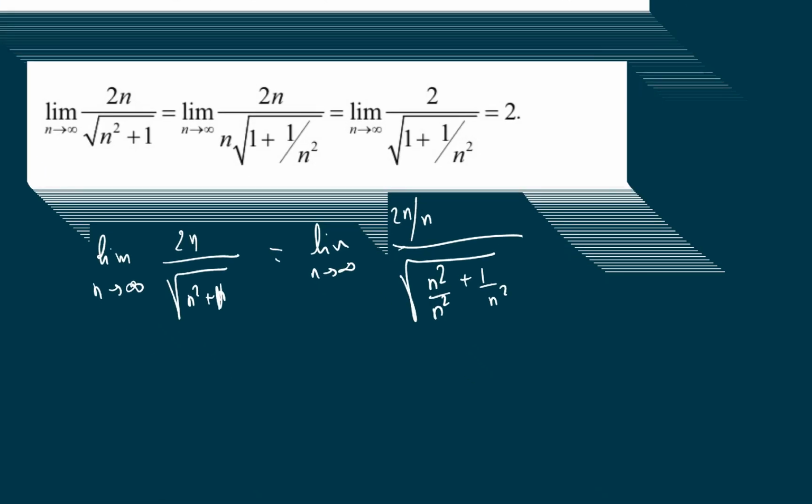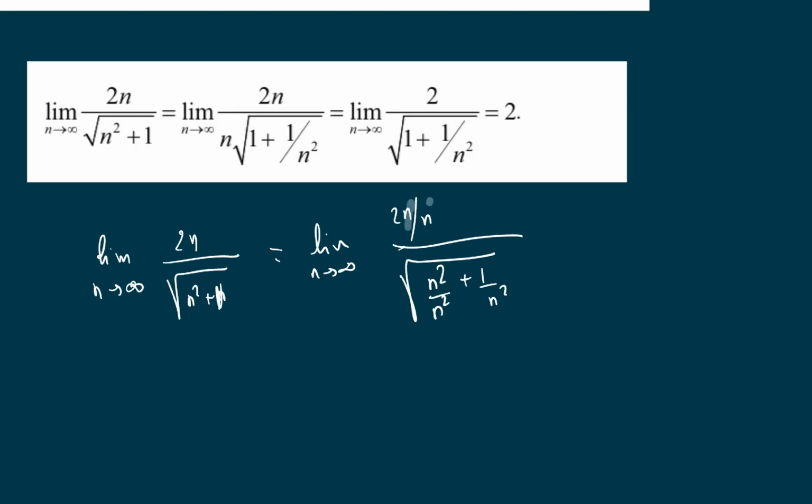And now the limit is: this n will cancel, this n squared will cancel with this n squared, so it will be 1 divided by the square root of 1 plus, when n goes to infinity, 1 divided by n squared, which goes to 0.